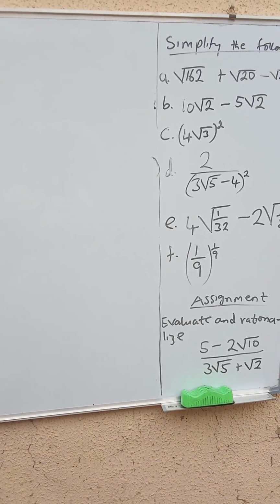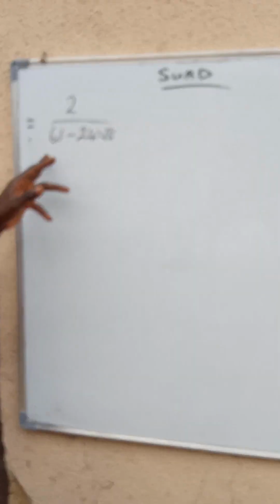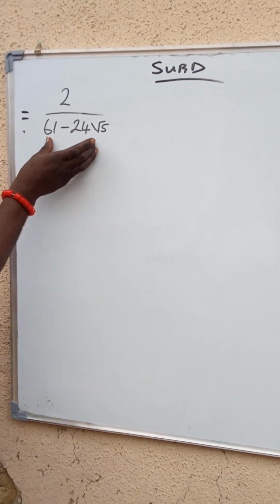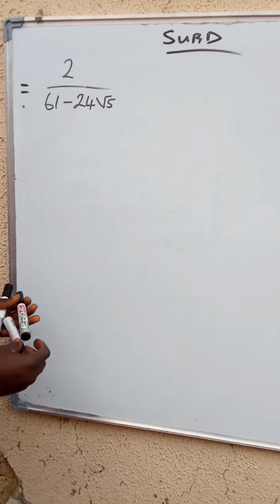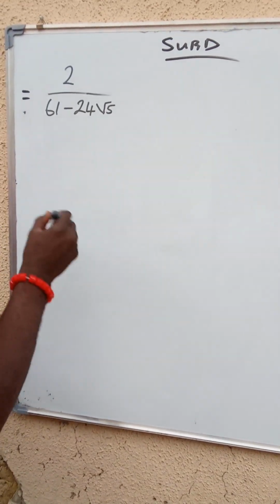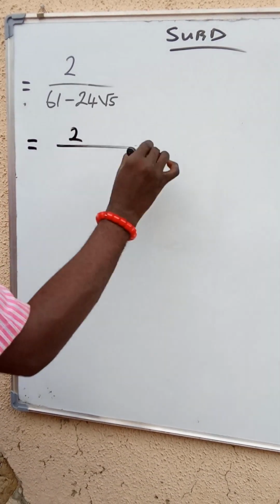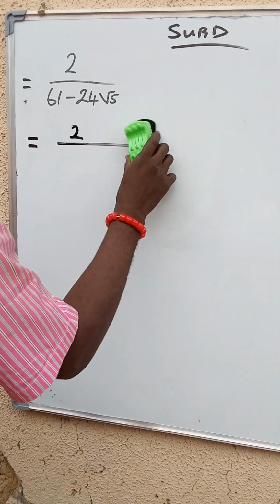So I am going to rationalize this. Right? And if I want to rationalize, the same thing that happens to the denominator will happen to the numerator. Now look at it. That means I have to come to this level again.